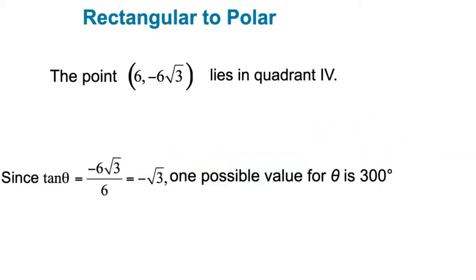You can also use the negative value. So if you were to use negative 60 degrees, this is also in the fourth quadrant, and we are not restricted to using just positive values between 0 and 360, although that is a typical default choice.